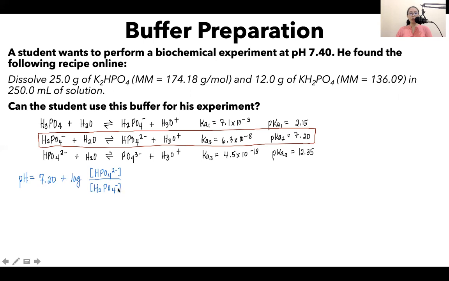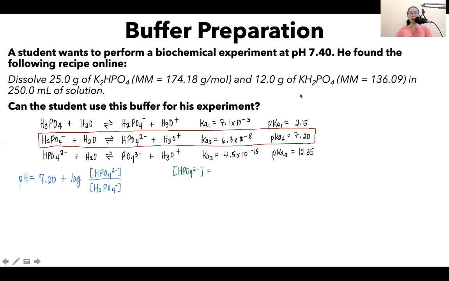Now, since we are given the masses of the reagents and their corresponding molar masses, we can compute the corresponding concentrations of each. Let's start with the conjugate base, hydrogen phosphate.